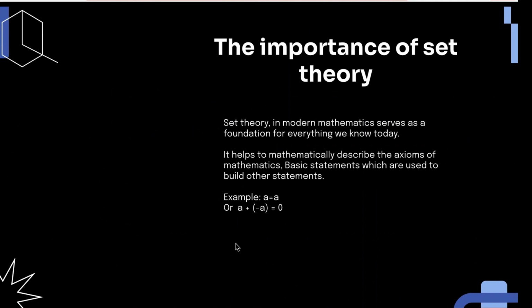Now, if these axioms topple, then these are the foundations, so everything else topples along with it. It's kind of like building a building. If you don't have the proper cement when you're doing the foundations, the whole building's going to collapse. That's a good analogy.